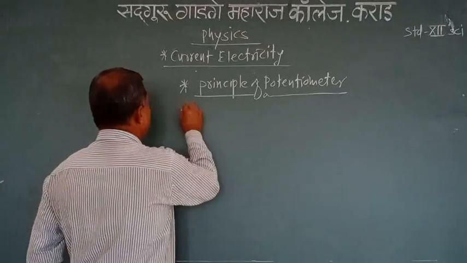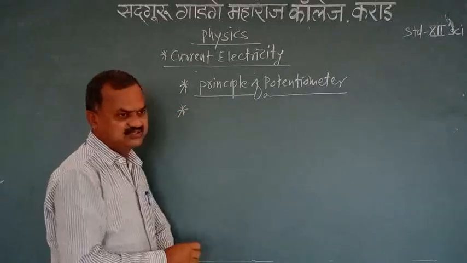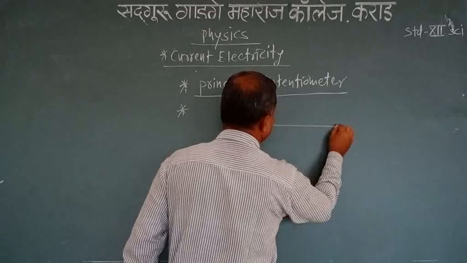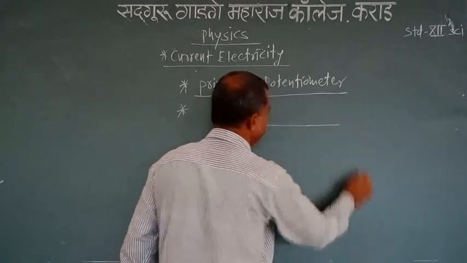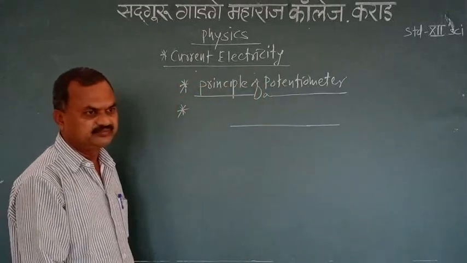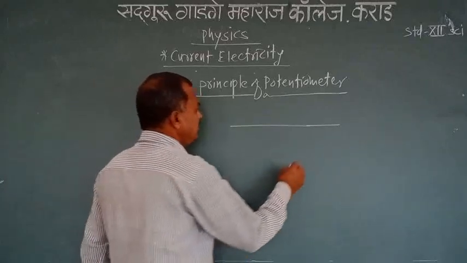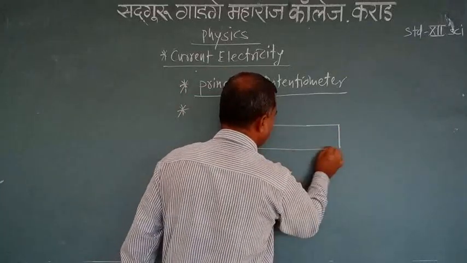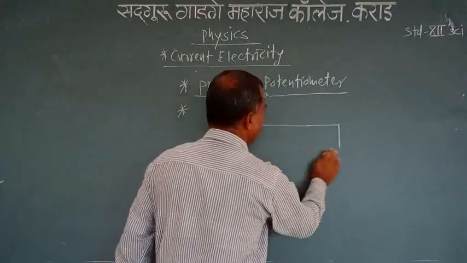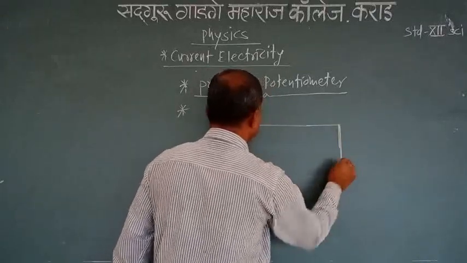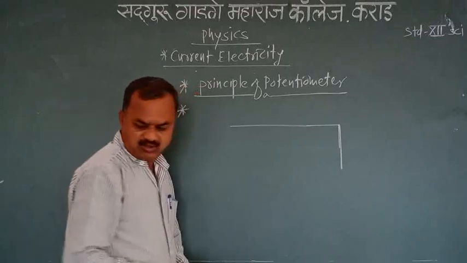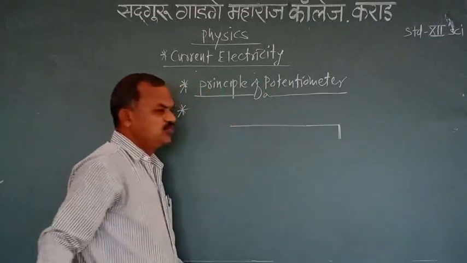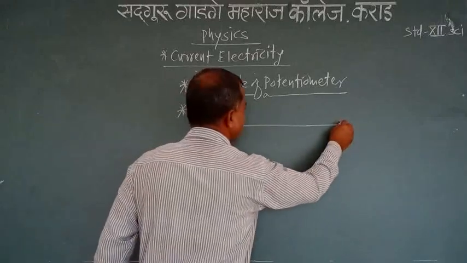Construction of potentiometer is like this. A potentiometer consists of a thin uniform wire of several meters in length, divided into a number of equal segments, each of length 1 meter, stretched on a board between 2 points like this.